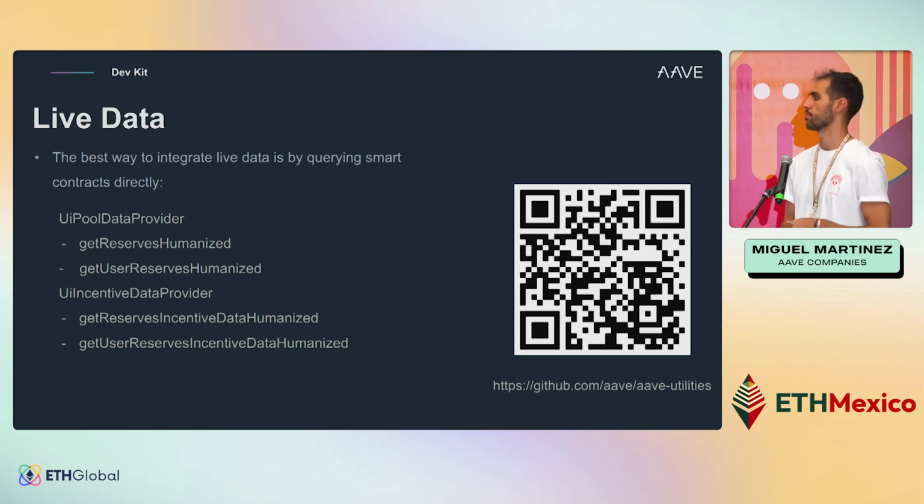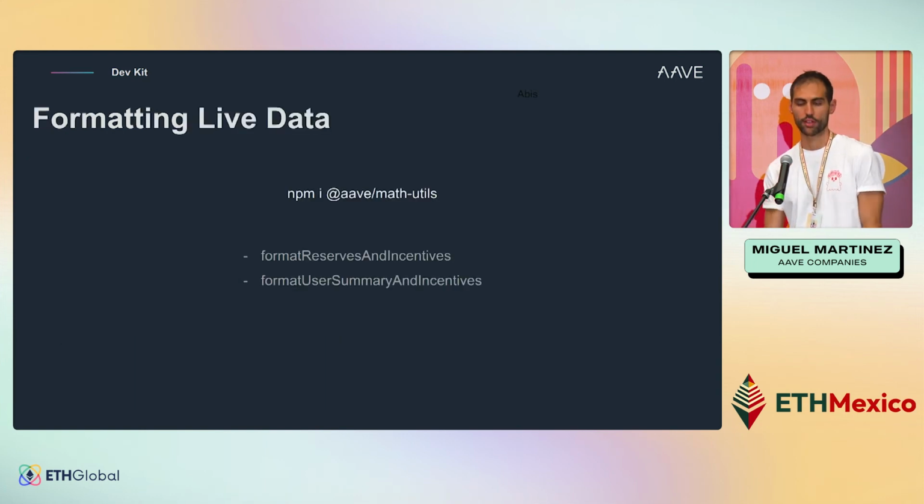In this case, we have the UI pool data provider that contains all the relevant information for the pool and also for getting to know the state of a user position inside the pool, and also the UI incentives data provider that provides all the information regarding the incentives. So what's the distribution of the incentives, what are their addresses, the APY, and things like that. There is also another package that allows you to format all the data so you can apply the correct decimals to each thing. And I think it's also pretty useful and helpful.